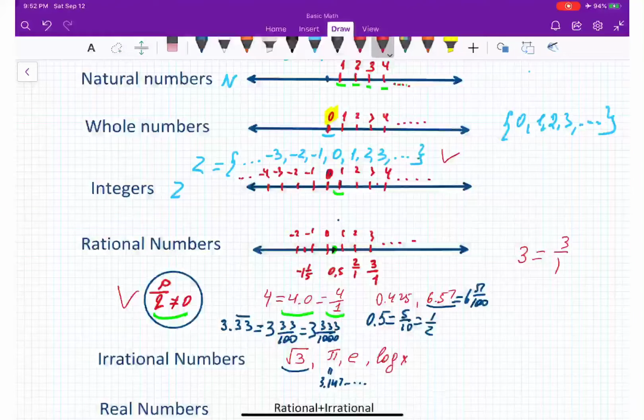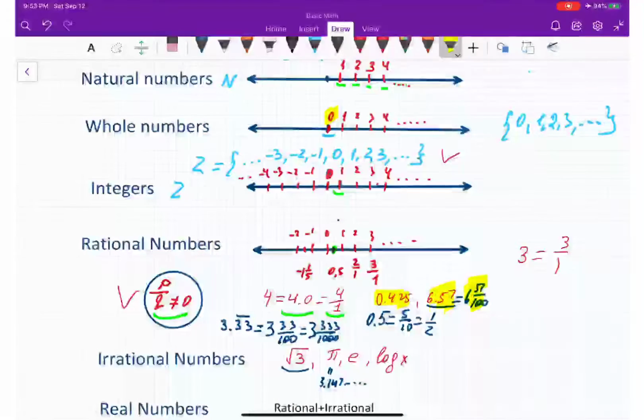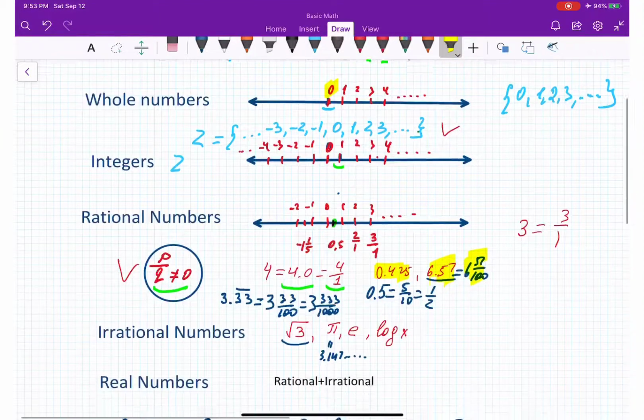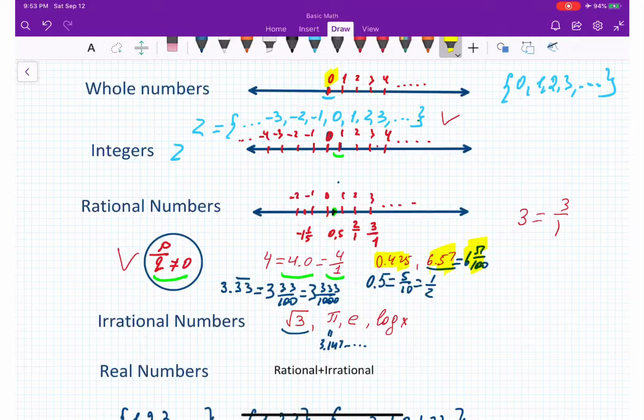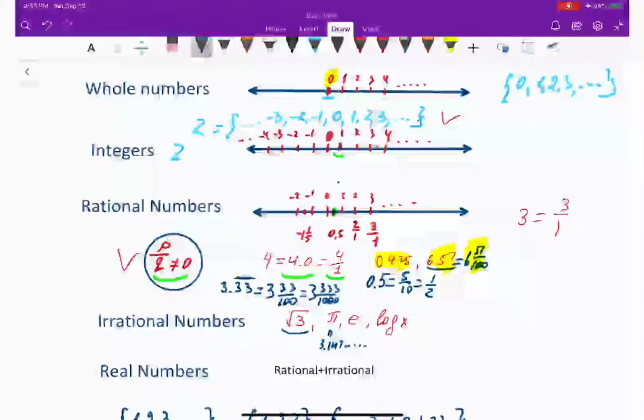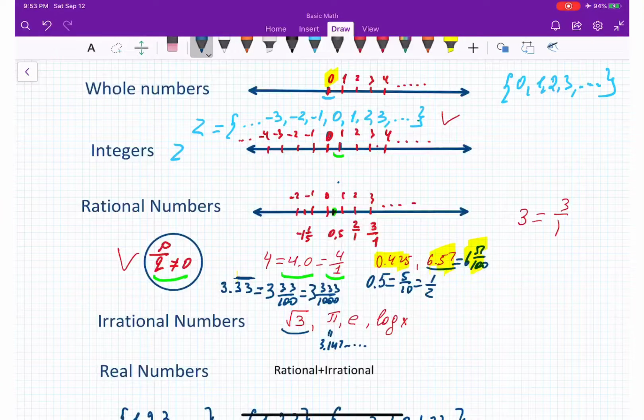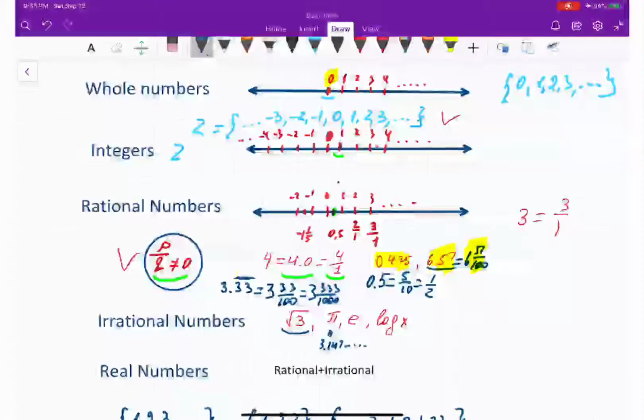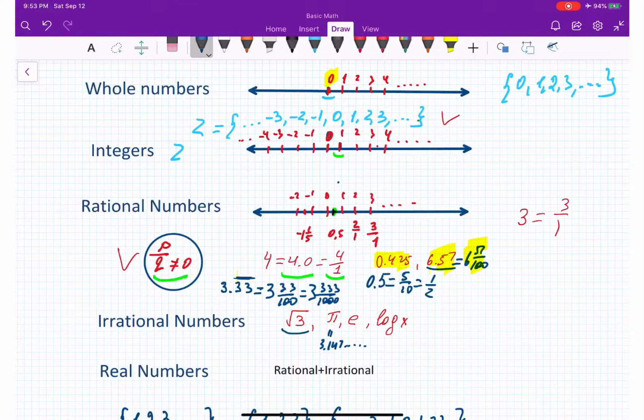A rational number can also be in decimal notation if you represent it in the format of basic fractions. Here it is: 6.57 equals 6 and 57 over 100. Or 3.33 with a line on the top, which means 3.33333. So you can represent it in the format of a fraction, 333 over 1000, and so on.